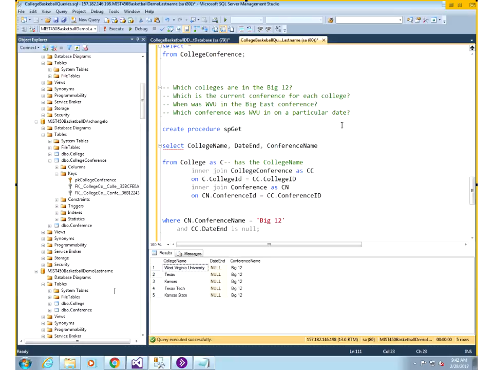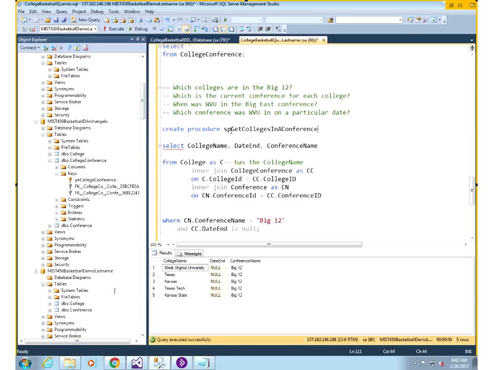Get colleges and whatever you want to name it. Okay, get colleges. I don't want to call it get colleges in Big 12 because why would that not be a good name? Then it would be that I've hard-coded that in. I don't want to hard-code it in. Get colleges in a conference.